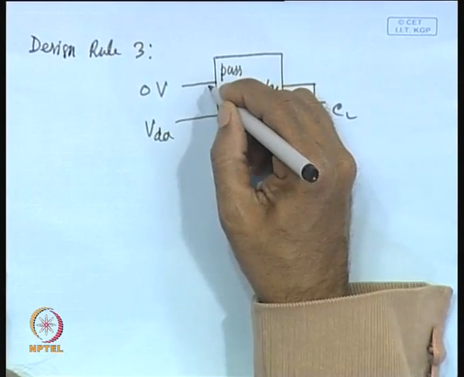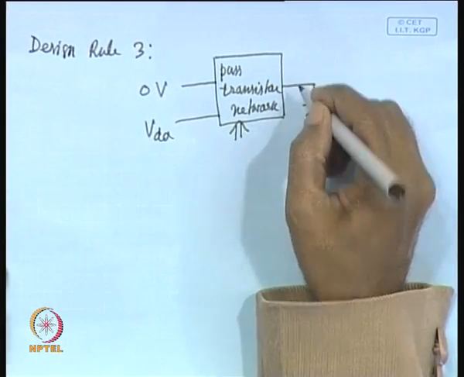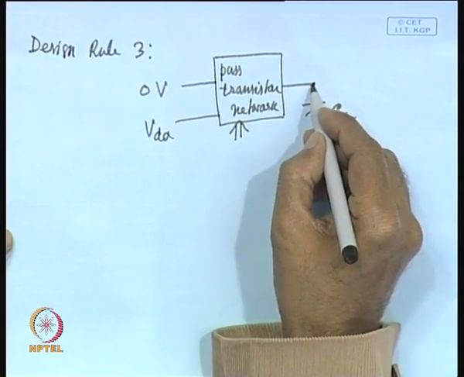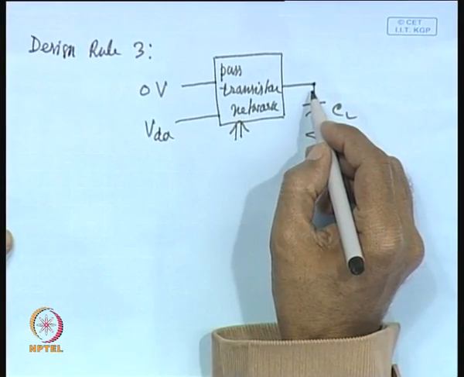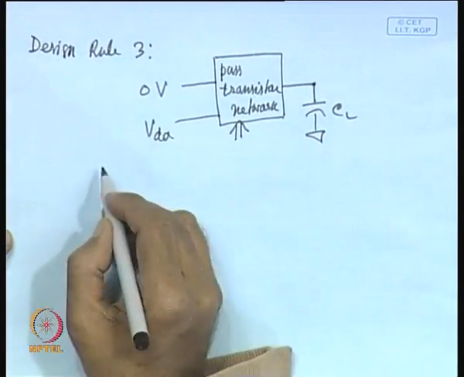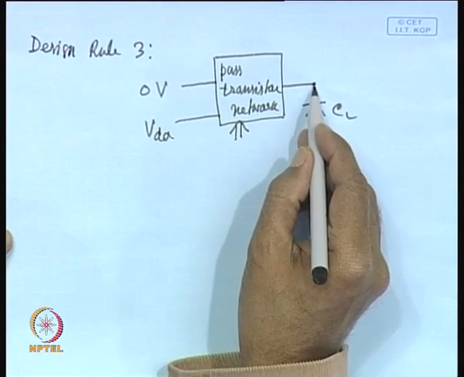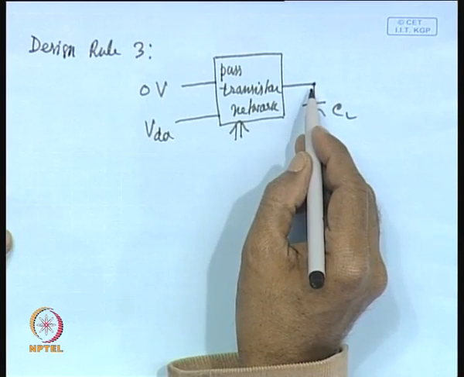It may so happen, because of some mistake in the design, that there is a path both from the low level as well as from the high level. This will lead to an output which is undefined. They will act as a kind of potential divider, and you will get an output which is neither 0 nor 1. So, you will get some undefined output.